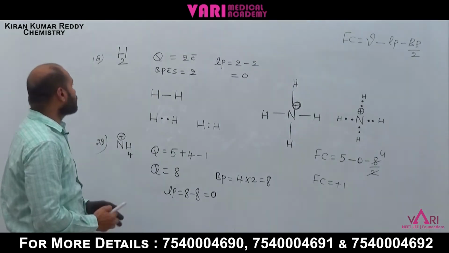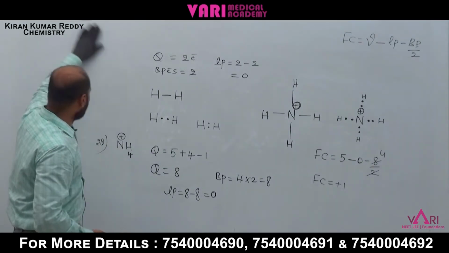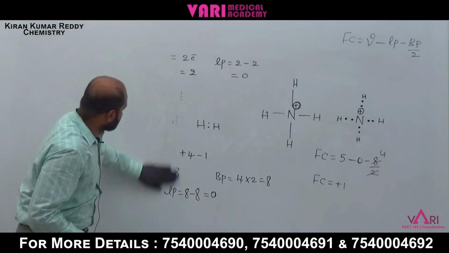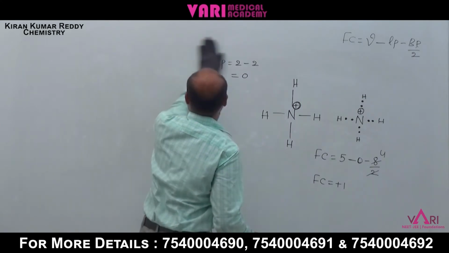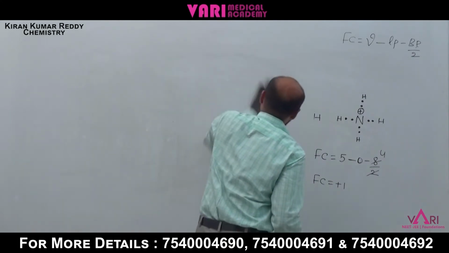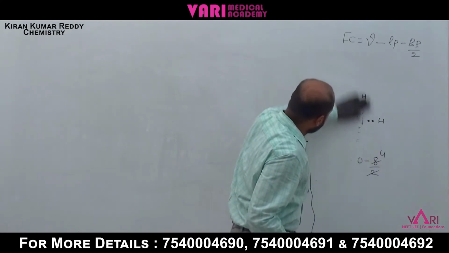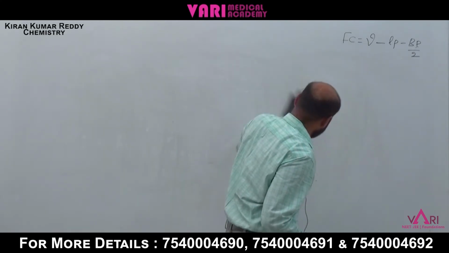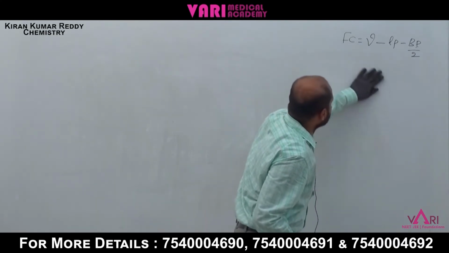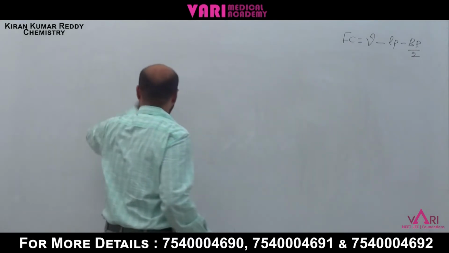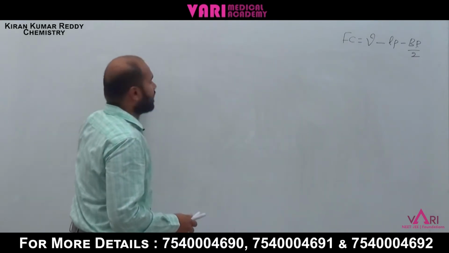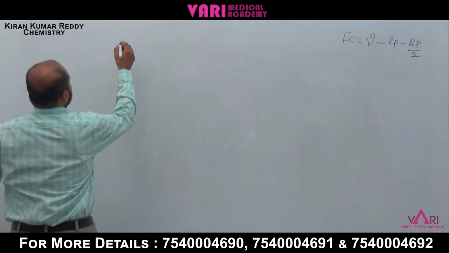Next one, another Lewis dot structure, we can write it. Formal charge we can calculate very easily, don't confuse. First, we can take H3O plus. H3O plus, write down students, H3O plus. Now I am taking H3O plus.